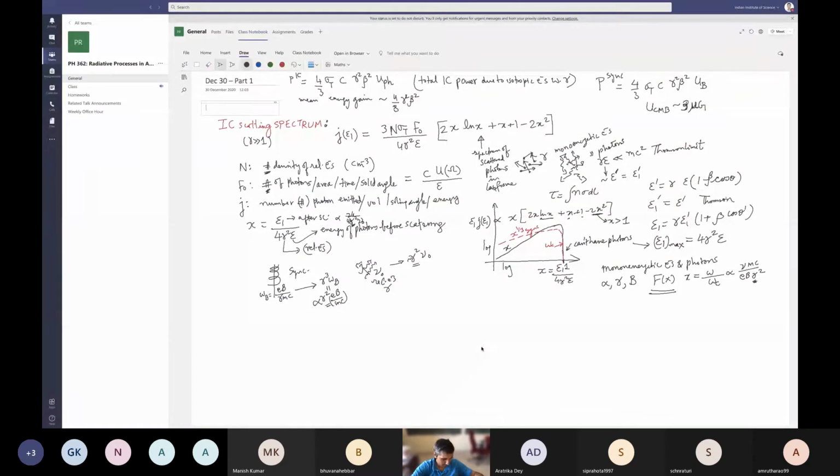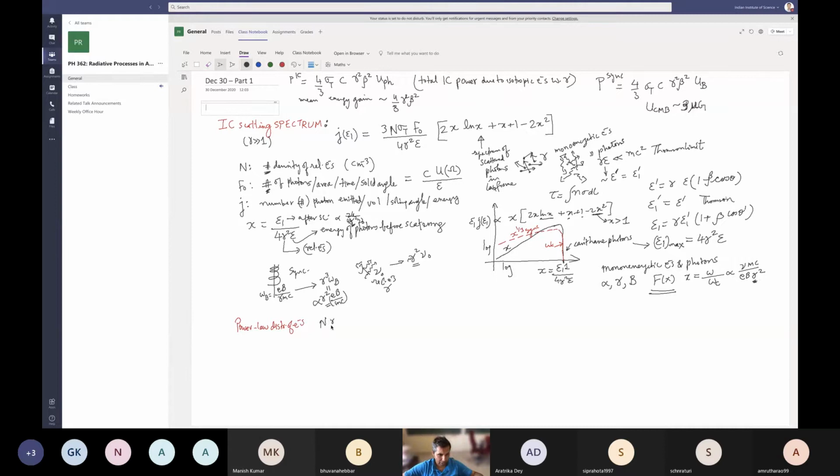Okay, so this is a single electron gamma spectrum. Now, what if you have a distribution of electrons? For example, a power law distribution of electrons, and we did it previously.